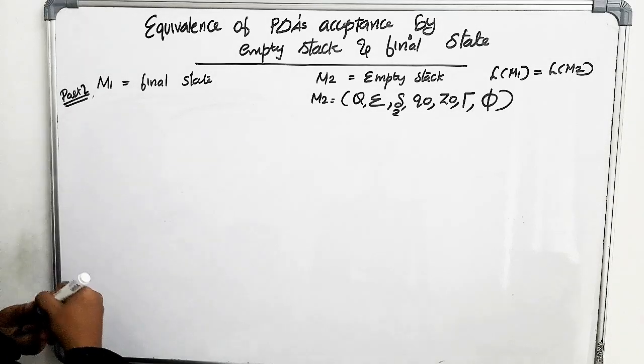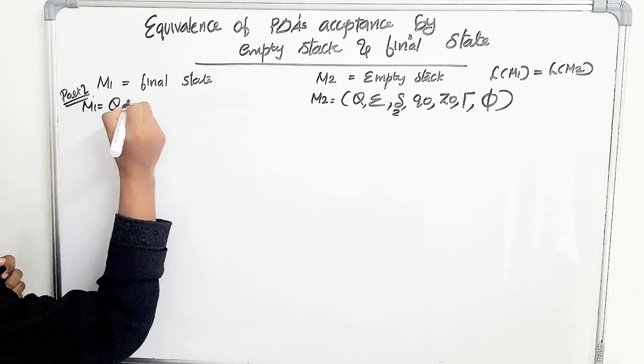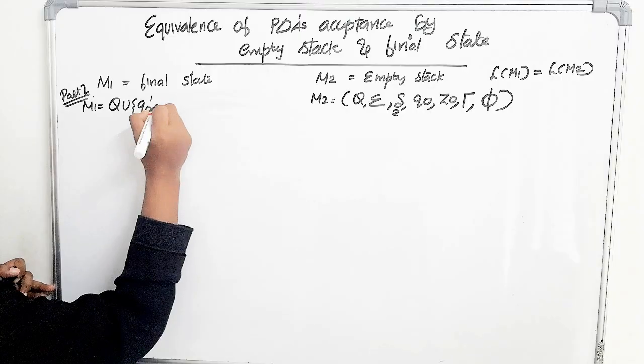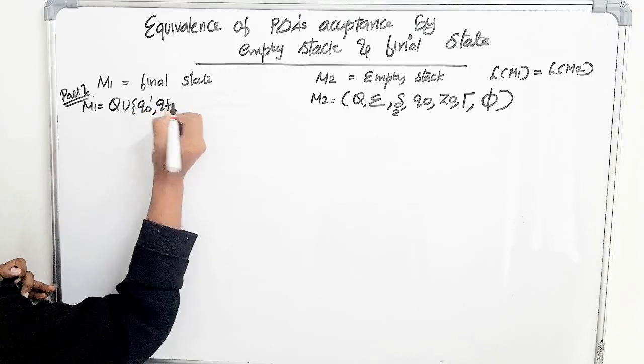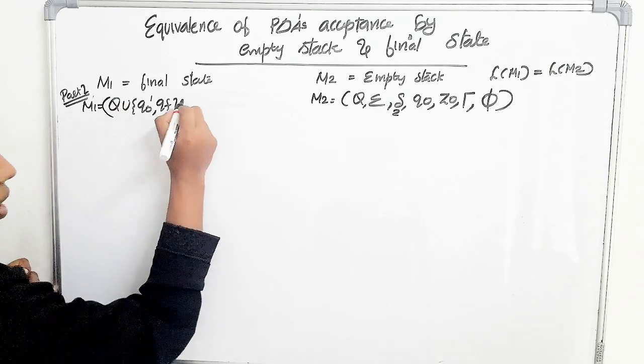Now we will find the tuple for M1. M1 can be defined as Q, but we are adding extra states here, an extra start state and a final state, because M2 does not have a final state but we need one.